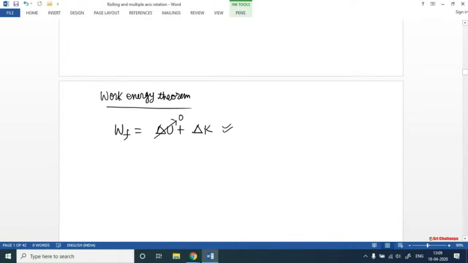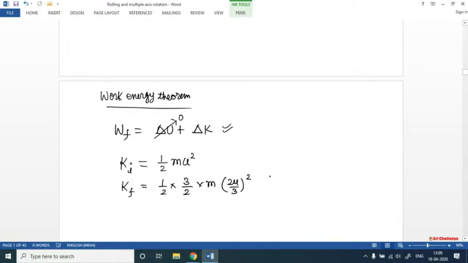The initial kinetic energy is only of translational form, so that is half mu square. The final kinetic energy would be in combined translational and rotational motion, rolling. The formula we use is half mv square into 1 plus k square by r square, which gives 3 by 2 into mv square... sorry, 1 by 2 into 1 plus k square by r square, which is 3 by 2 into mv square, and v was 2u by 3, so 2u by 3 whole square.